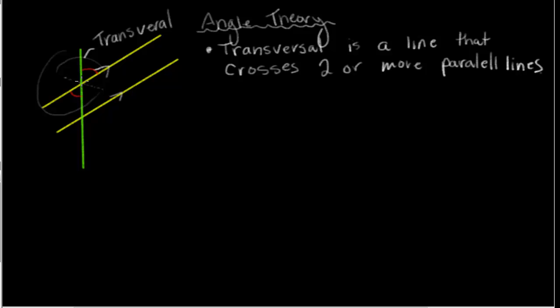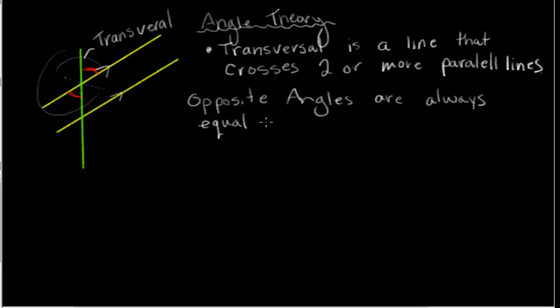We call these two angles, the red and the red here, opposite angles. Opposite angles are always equal, or another way of saying it is congruent.